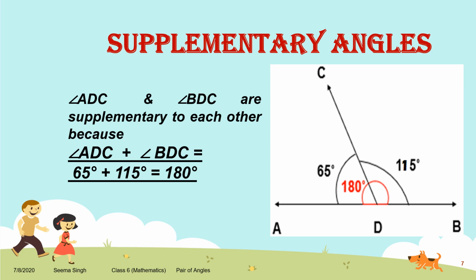So we can say that angle ADC is supplementary to angle CDB because on adding these two angles, that is 65 degrees plus 115 degrees, we get the straight angle, that is 180 degrees.